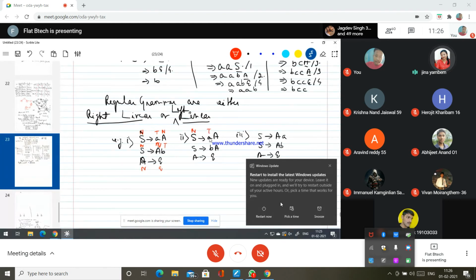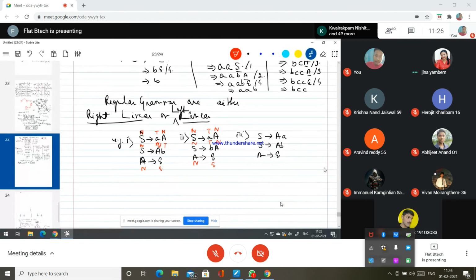This is non-terminal, this is terminal, this is non-terminal. This is non-terminal, this is epsilon. And then for this one, this is non-terminal, this is non-terminal, this is terminal. Non-terminal, non-terminal, terminal, non-terminal, epsilon.